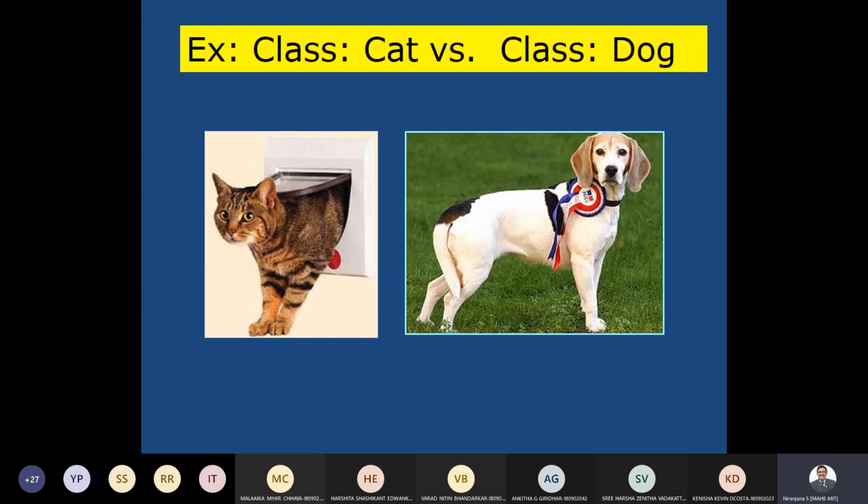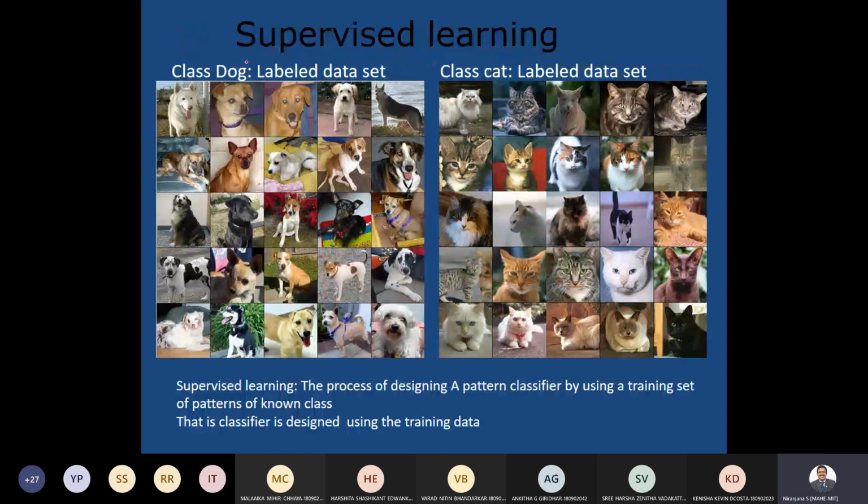So in general, when you take a class having some object, I think the class name is already defined here. The data set that you look for in case of supervised may look like this. It is nothing but a labeled data set. So when you are going with the supervised approach, we'll be making use of a labeled data set.